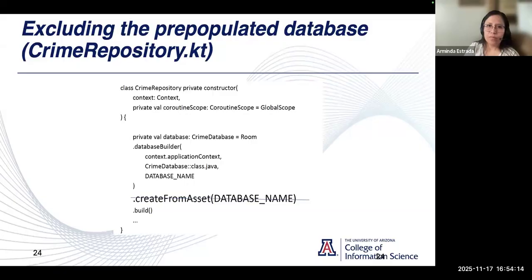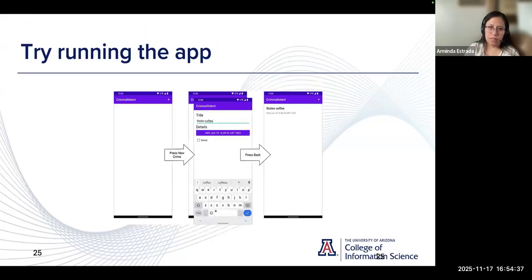Okay. So then, excluding the pre-populated database, to do this we can remove that createFromAsset database name, so that we don't have to pull in from that database that was already pre-populated.